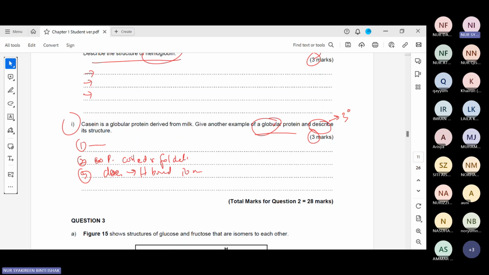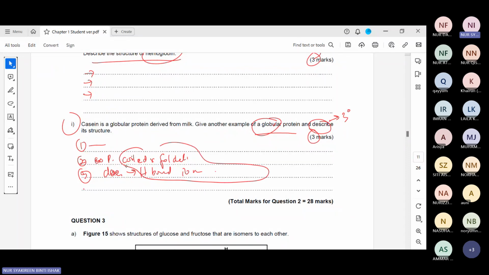Okay, so the interaction between the side chain ada 5 interaction. Saya repeat ada hydrogen bond, ionic bonds, hydrophobic interactions, disulfide bridge, and also van der Waals interactions. Okay, ada 5.